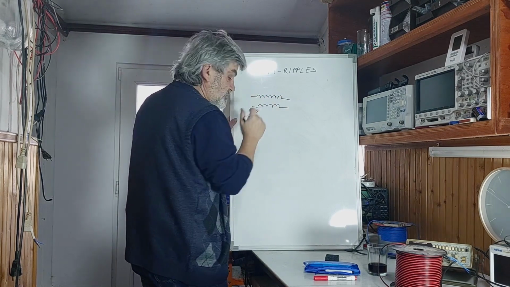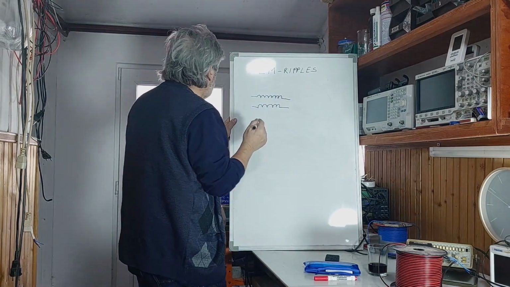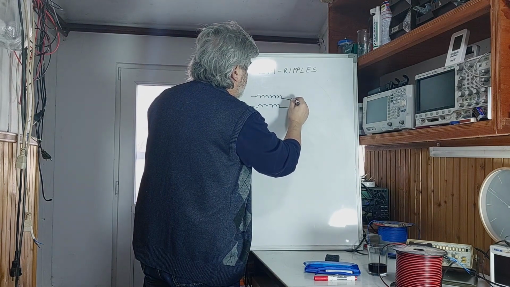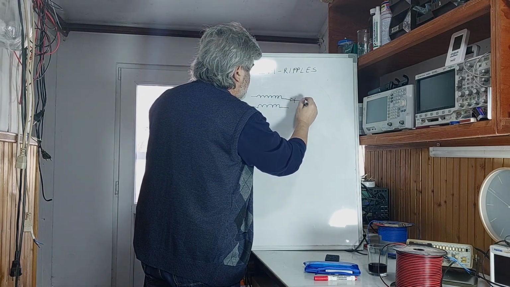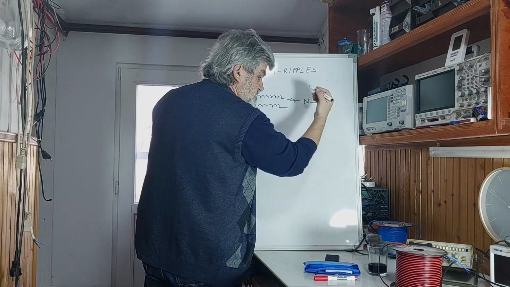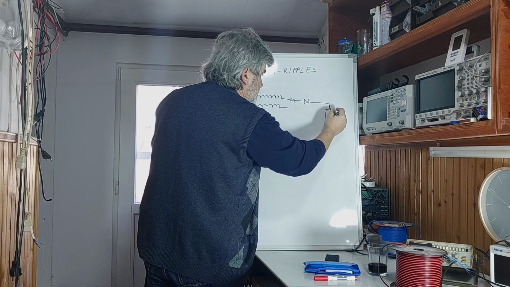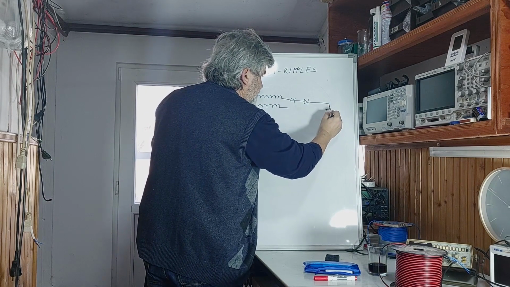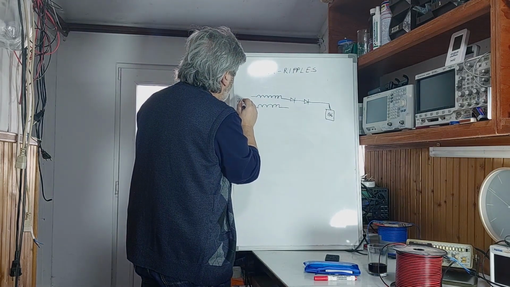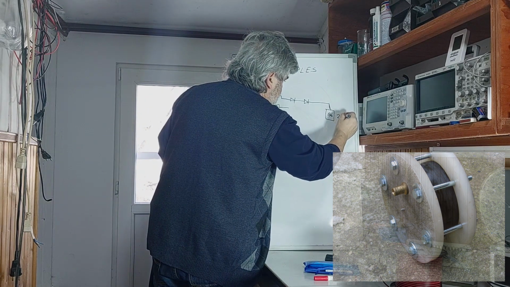At that time, it was a bipolar coil made with 100 meters of wire, and I put the diode here, and a second diode here, and I put my DC load, and it was a brown gas generator. Input was 24 volts, and the brown gas generator was designed for 24 volts.